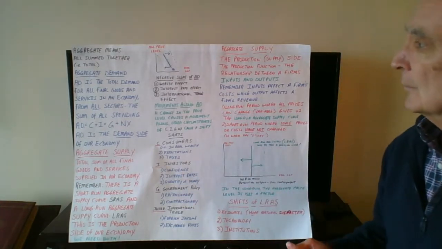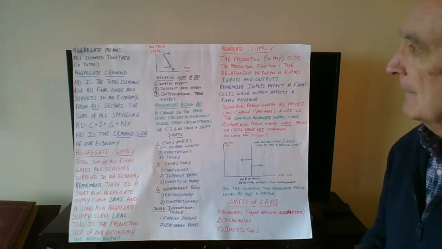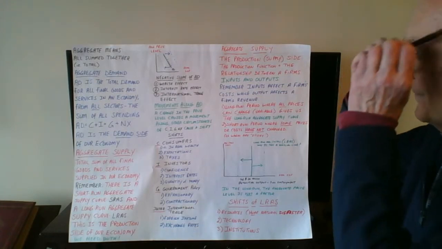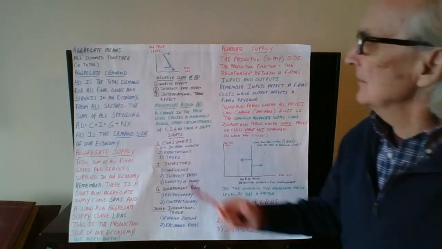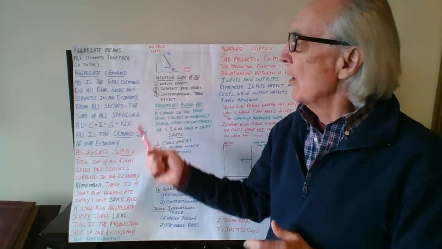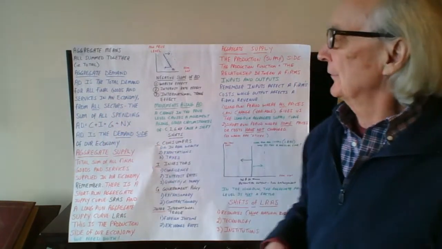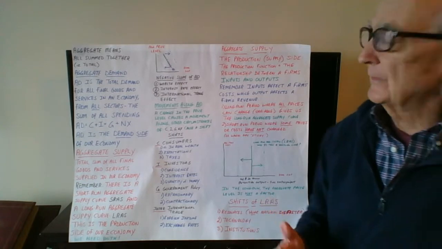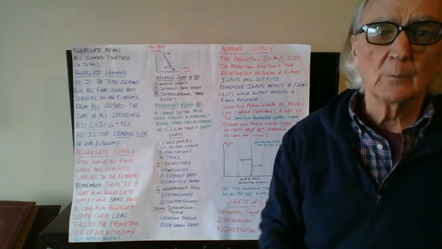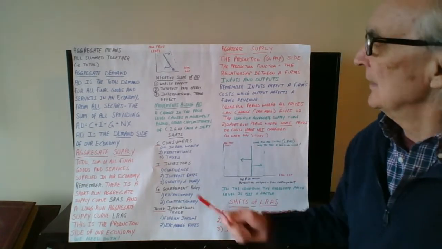So first of all, we start with aggregate demand, okay? Again, it's the total demand for all final goods and services from all sectors. It looks like what our term for GDP was.